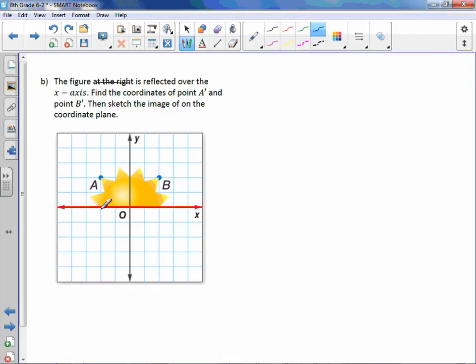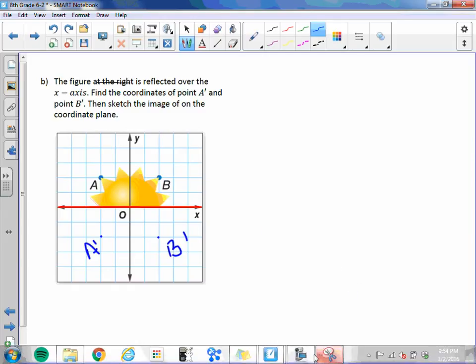A is 2 away. This is our A prime. And B is 2 away. This is B prime. And again, do your best to sketch the figure.